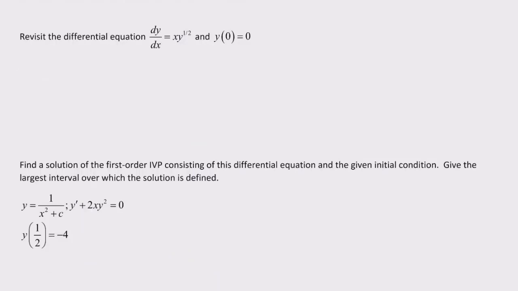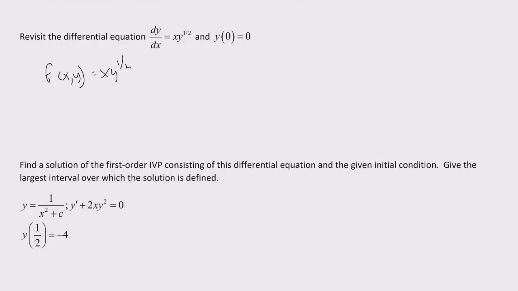Okay, so let's revisit that last question we had where we found there were two functions that satisfied that differential. Let's consider what's going on here. Let's say our function is x y to the 1/2 power.